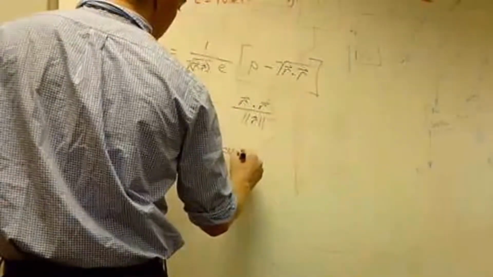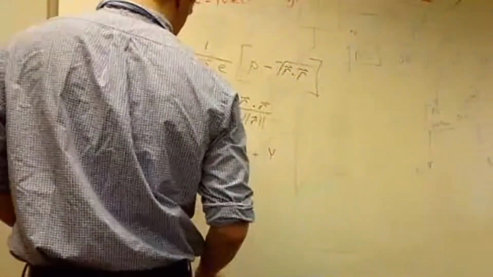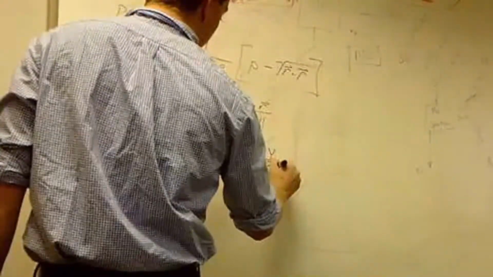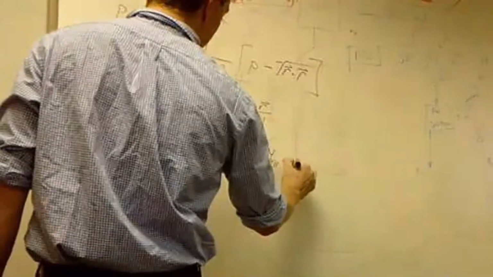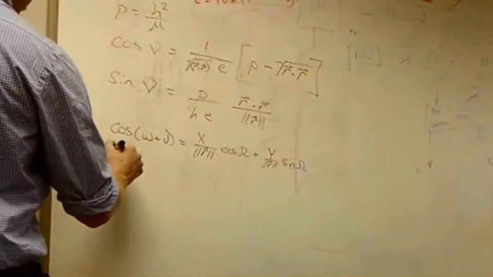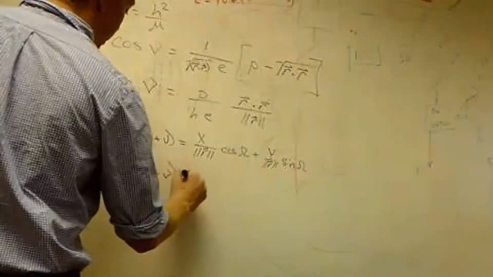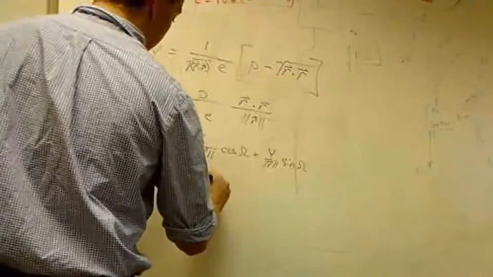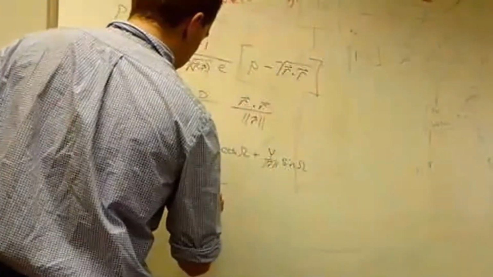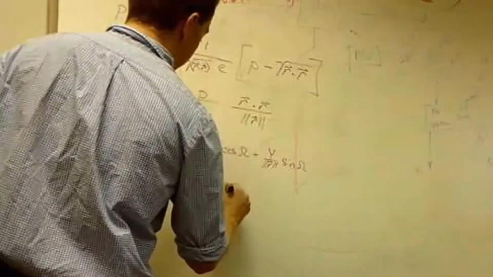Cosine of the longitude of the ascending node plus y over magnitude of r again, and then sine of the longitude of the ascending node, correct, yep. And then sine of our argument of perigee plus our true anomaly. We're going to need our z over magnitude of the position vector multiplied by sine of the inclination.